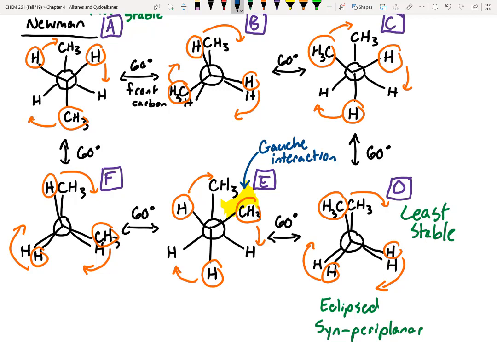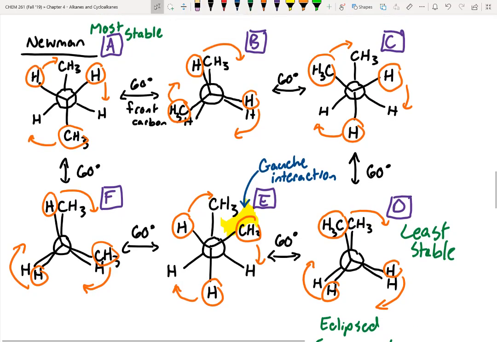A gauche interaction basically means that there's an electron cloud around both of those methyl groups, and in space, those electron clouds don't like being near one another. So it's kind of destabilizing if it's in this configuration, at least compared to A, where they're on opposite sides. Does that make sense?